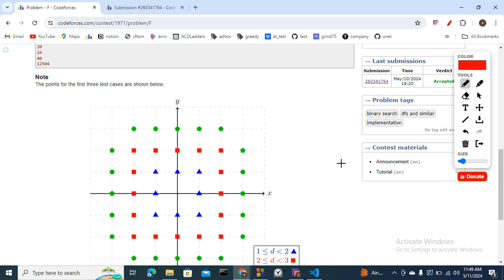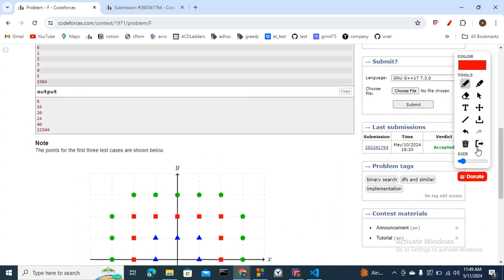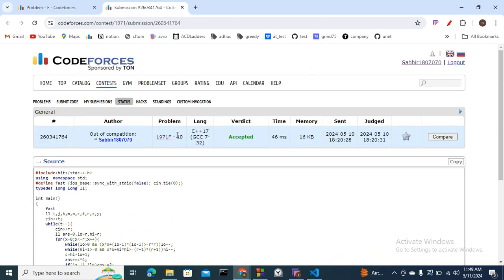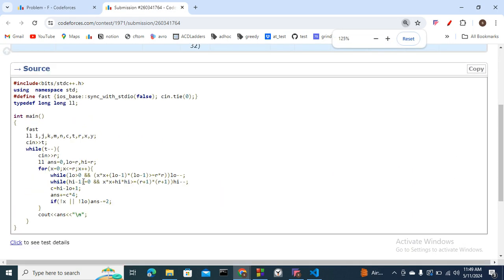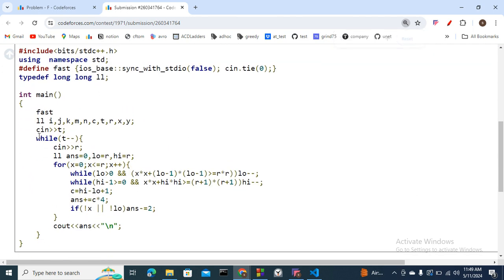Okay. So if we see the code, first of all, there is a test case given, then a value of r is given. Now we are iterating x from 0 to r.